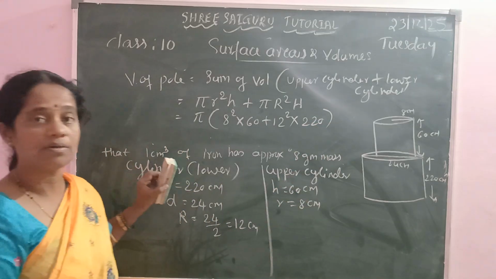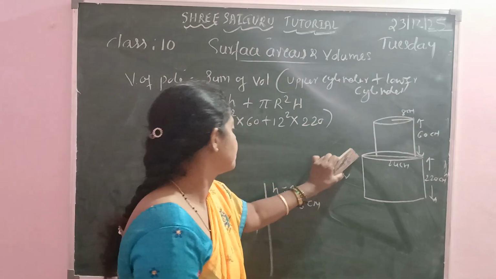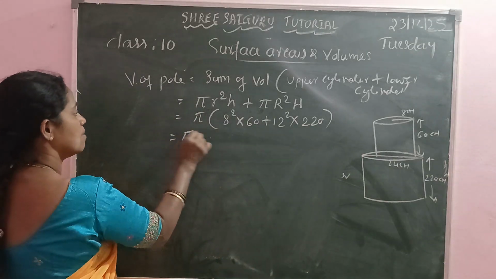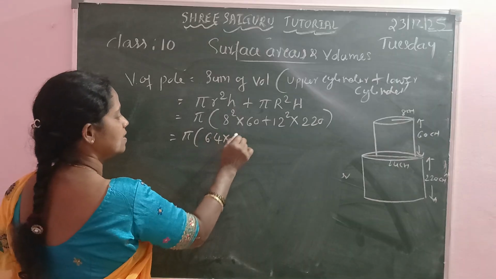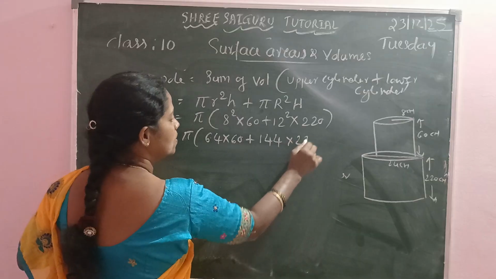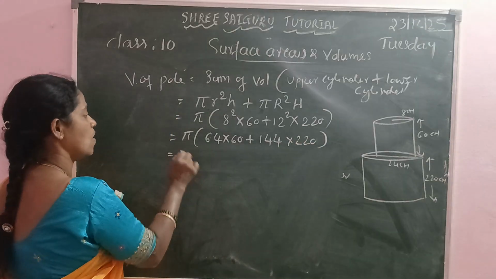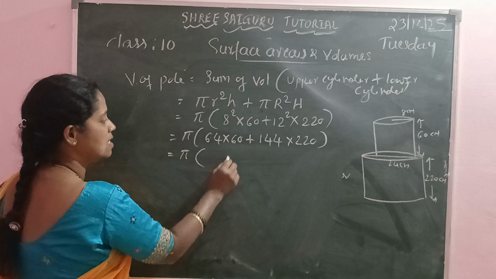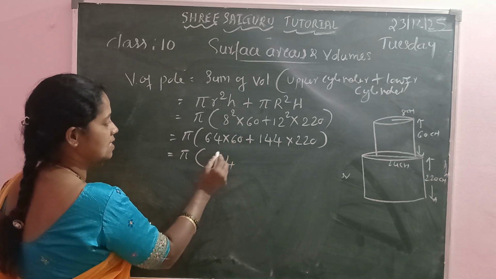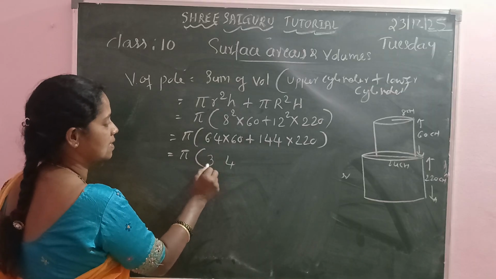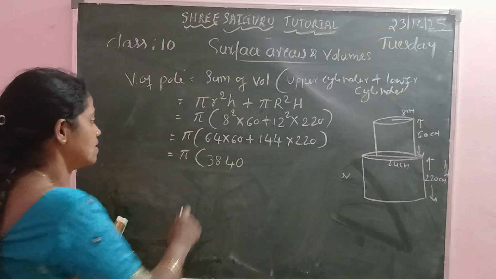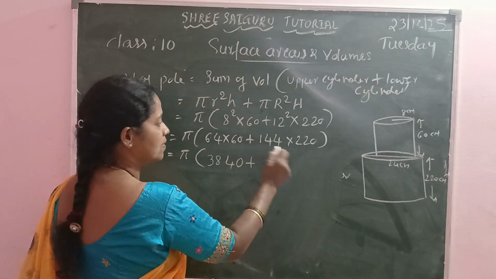So carefully we have to do this calculation. Pi into 64 into 60 plus 12 square, which is 144, into 220. On calculating, 64 into 60 is 3840, plus 144 into 220.